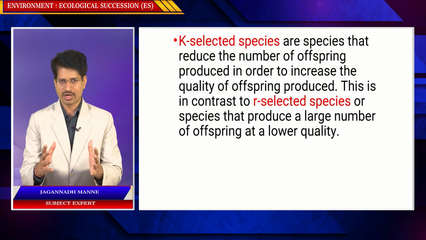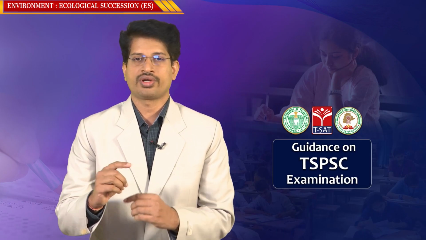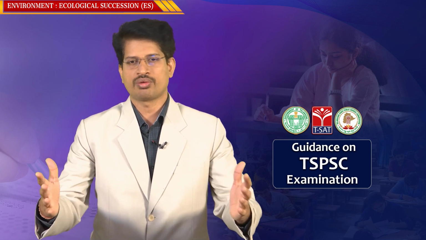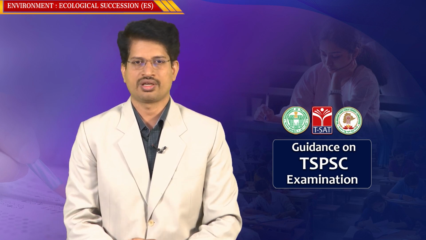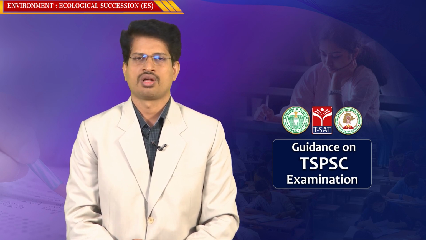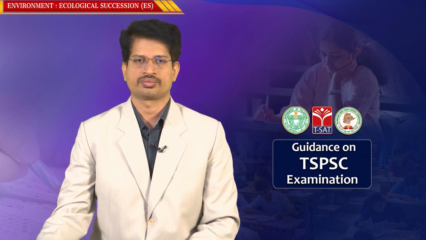When you have more offsprings, the probability of a few being selected is higher. That is the criterion involved. So based upon these two factors, K selection and R selection, succession happens in an ecosystem.